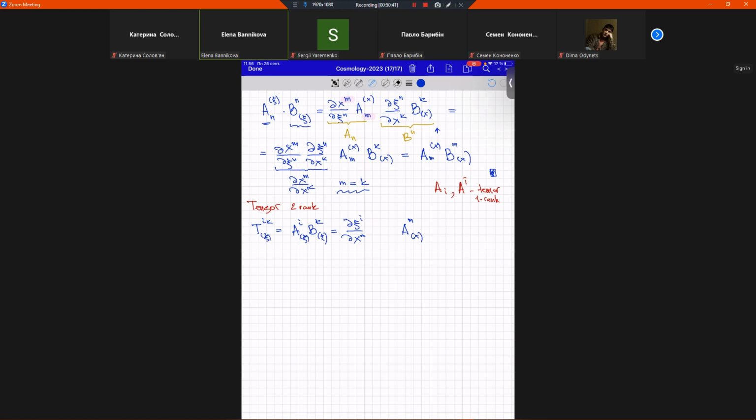For B k, you can see, by the way, that when we write the contravariant transformation, the x C takes the index which belonged to A. This is just a mnemonic rule.